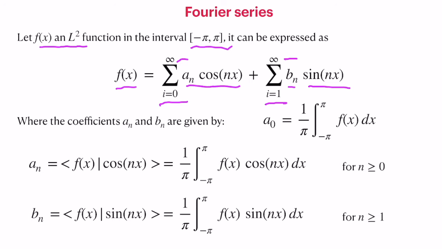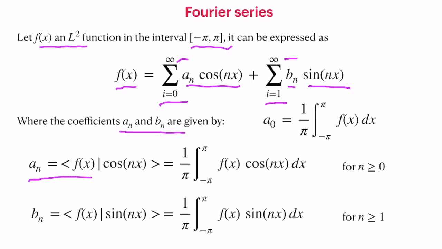The coefficients an and bn are basically the projection of the function on the basis elements cos nx and sin nx, because we have seen that cos nx and sin nx are orthonormal bases and form a complete set for an L2 function in the interval minus pi to plus pi.